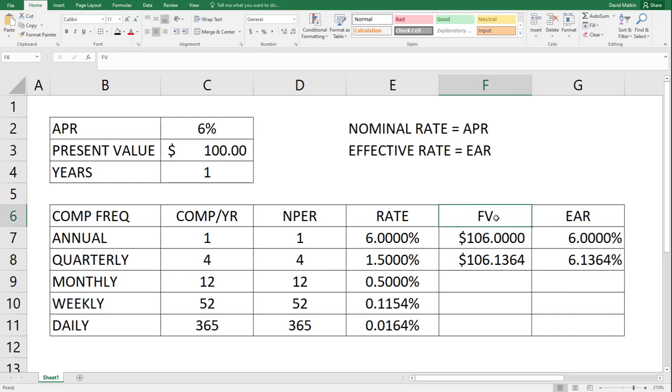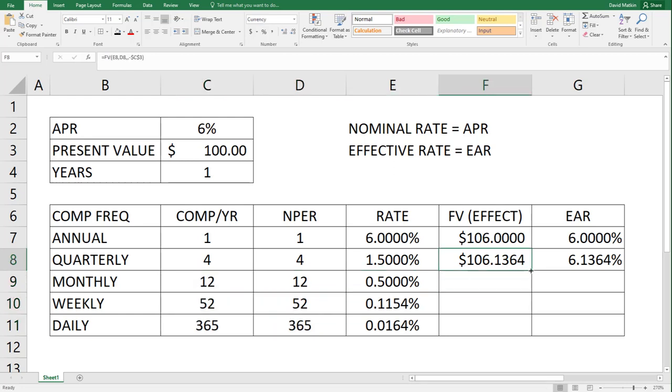So these future values are all results of the true effect on the dollar. We feed it in the APR, but it actually grows by the effective rate of growth. And the effective rate of growth is due to the increase in the compounding frequency.